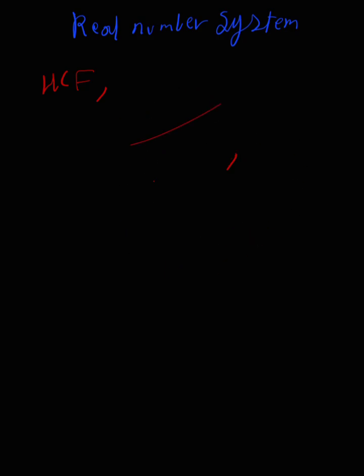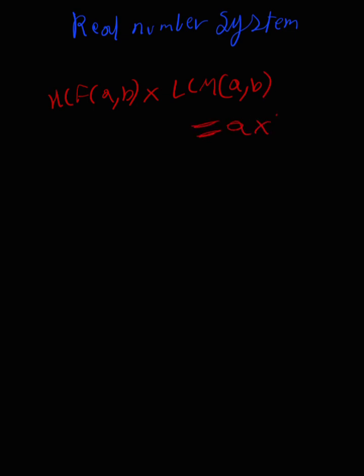Now let's look at something. If you take the HCF of a comma b, meaning two numbers, and you multiply it with the LCM of the same two numbers, it is the same thing as a times b. Okay, ab.